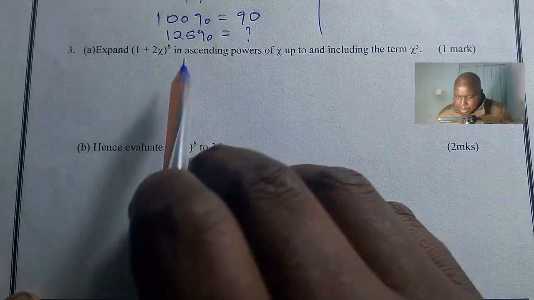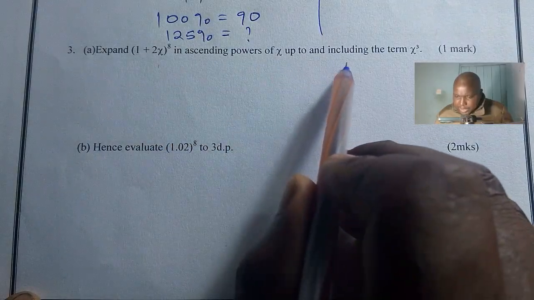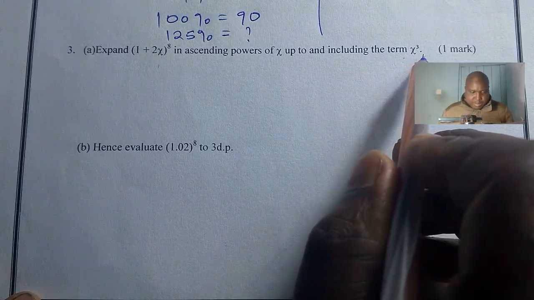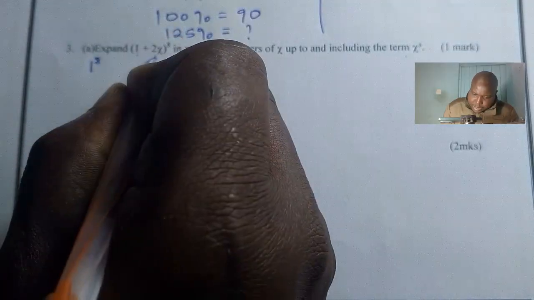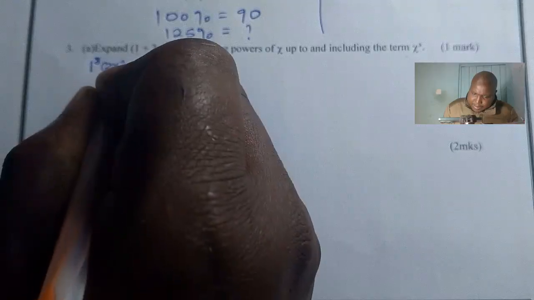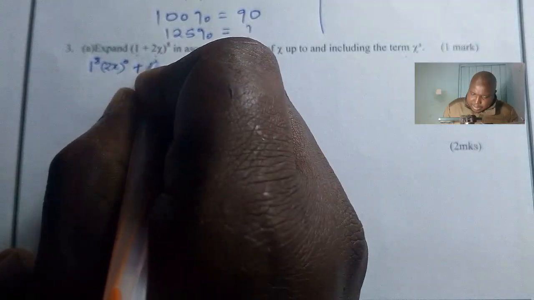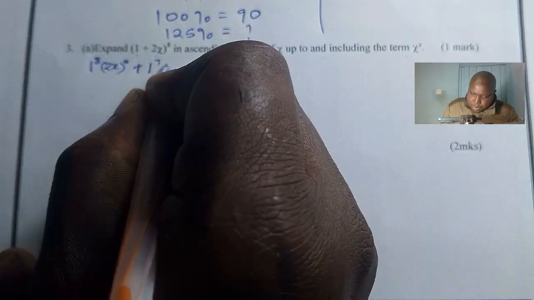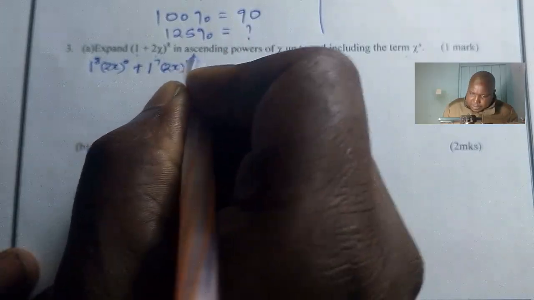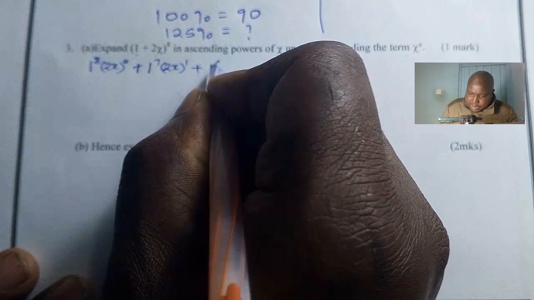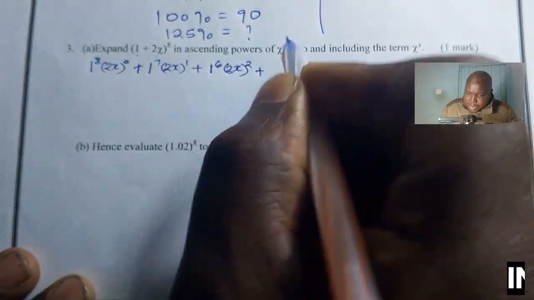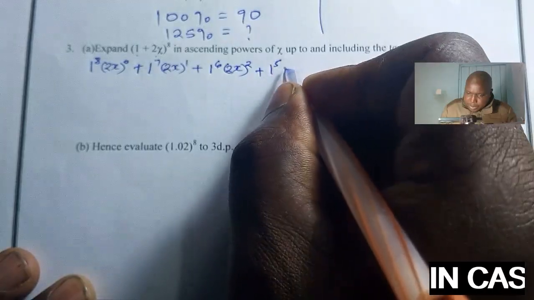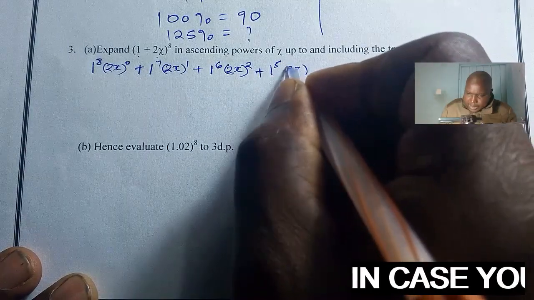Expand this in ascending power of x up to and including x raised to power 3. So here we start with the first term, 1 raised to power 8, the second term 2x raised to power 0, plus 1 raised to power 7, the second term 2x raised to power 1, plus 1 raised to power 6, the second term 2x raised to power 2, 1 raised to power 5, 2x raised to power 3.